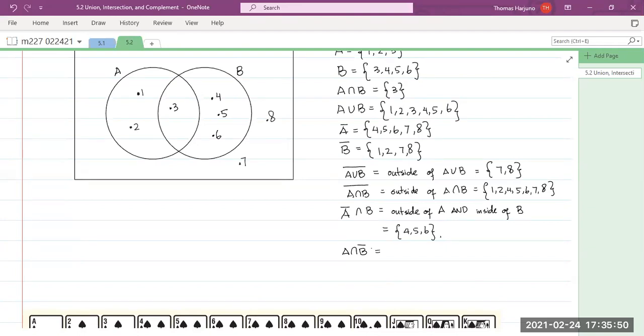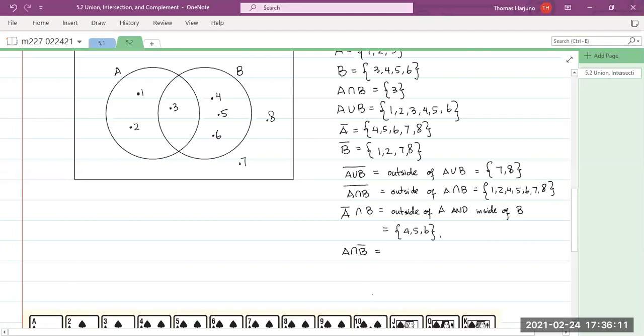What is the interpretation first? Everything in A, outside of B. That's right. And everything in A, but at the same time outside of B.